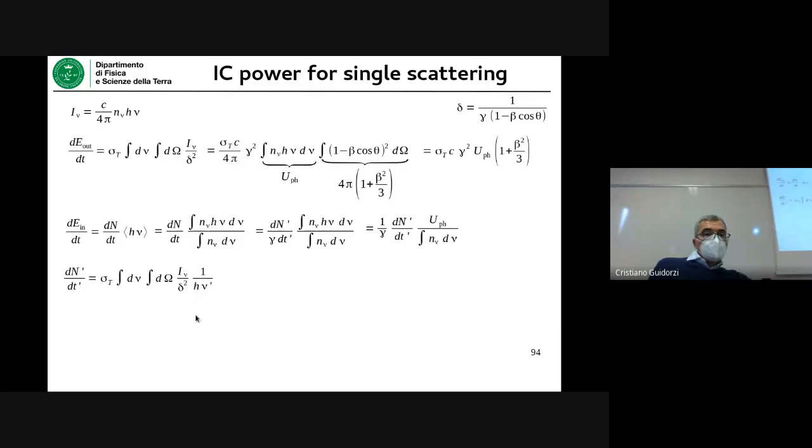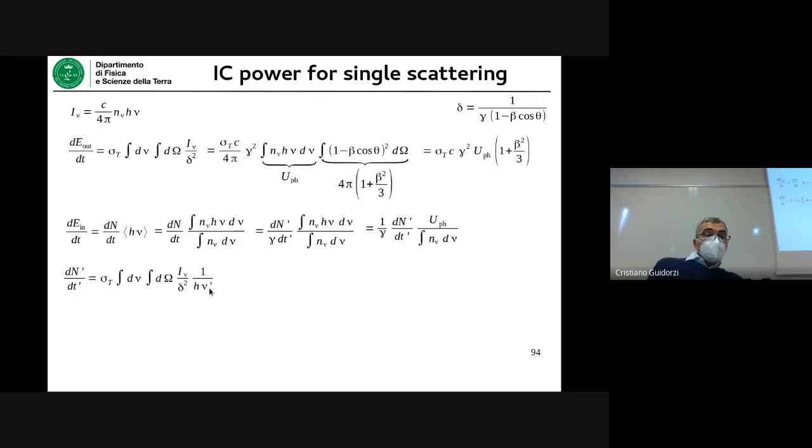The same quantity divided by the photon's energy is the number of photons scattered per unit frequency, which is exactly what we want. And then we have to integrate. Of course, this division has to be done before integration, because each single contribution depends on the photon's energy.